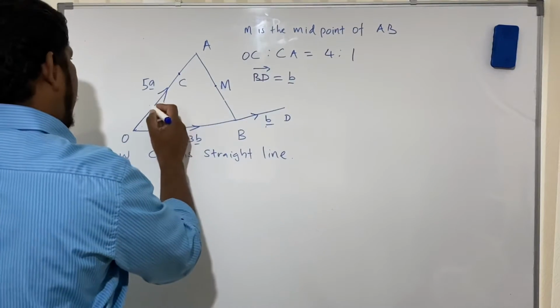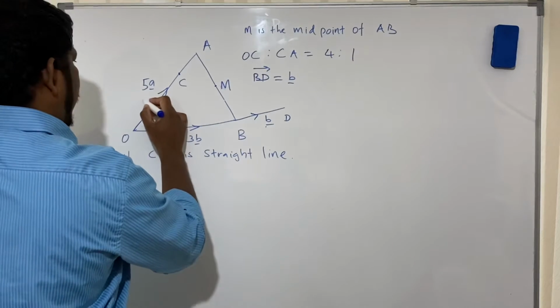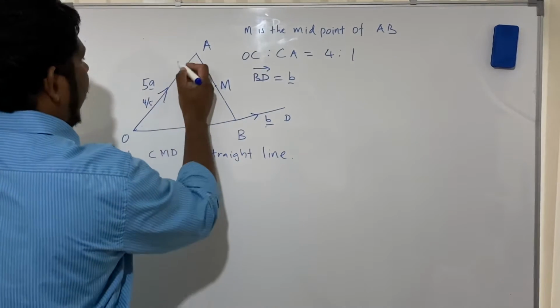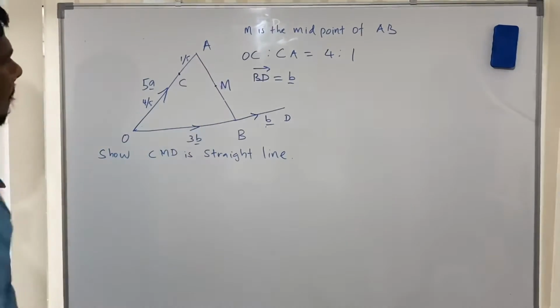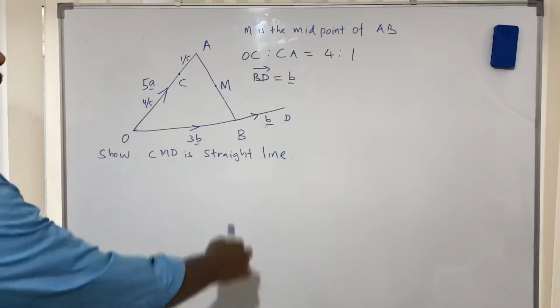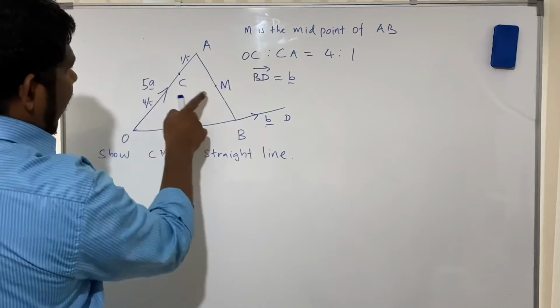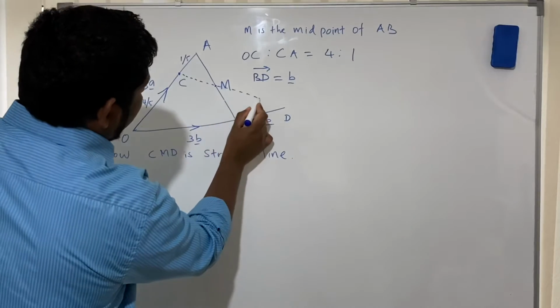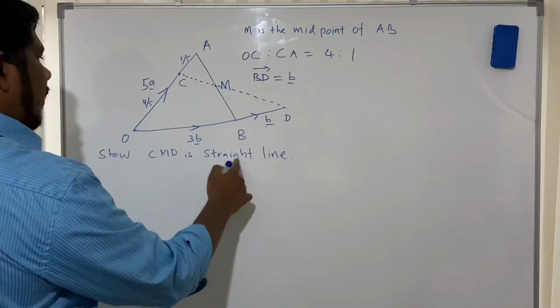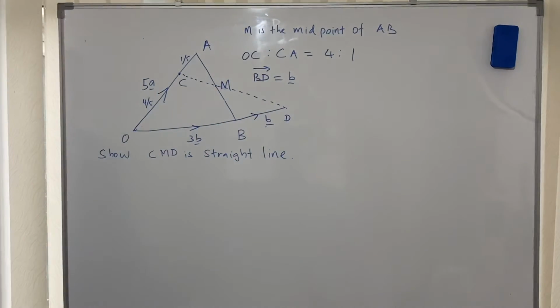That means OC is 4/5 and CA is 1/5. Now we need to prove CMD is a straight line.